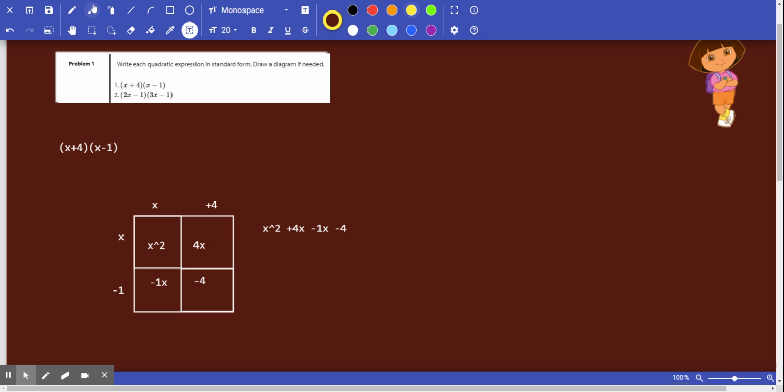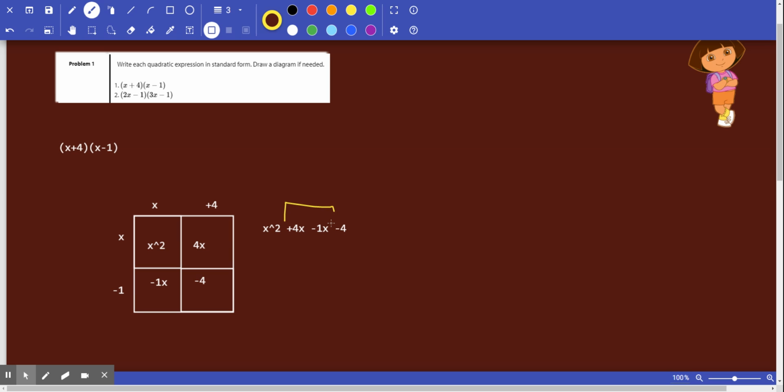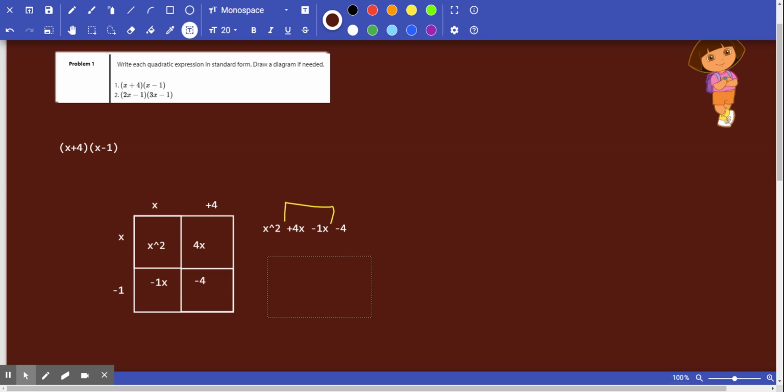So I know that I can combine the two things right here that are the like terms. So I'm going to go ahead and combine those. If I had 4 bananas and I subtracted 1 banana, I'd end up with 3 bananas. So my answer at the end should be x squared plus, because there's still 3 bananas left, 3x minus 4. Right, so that's our first one.